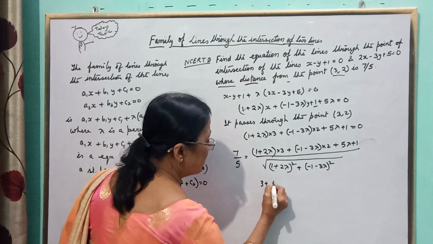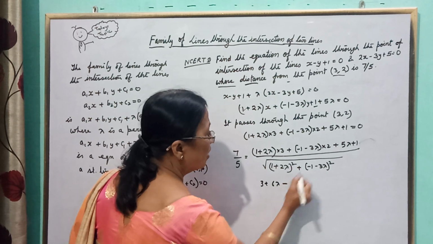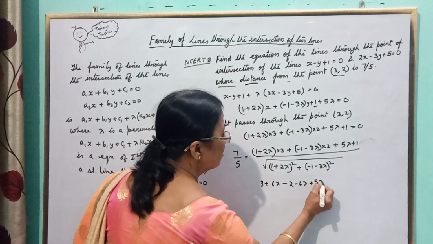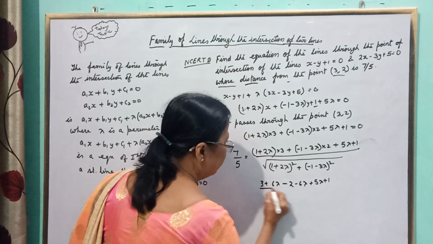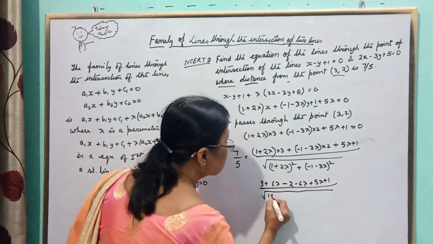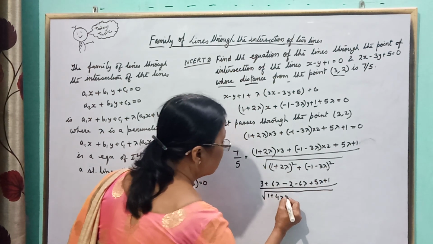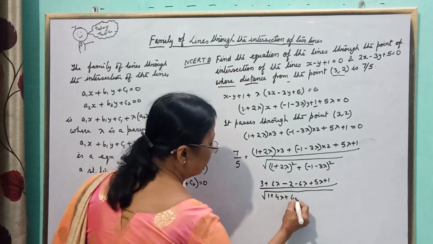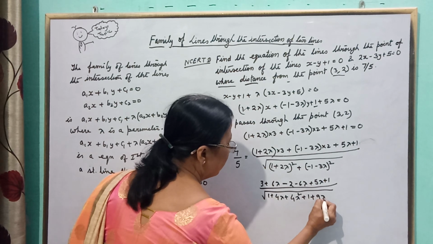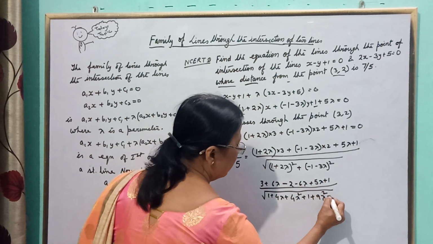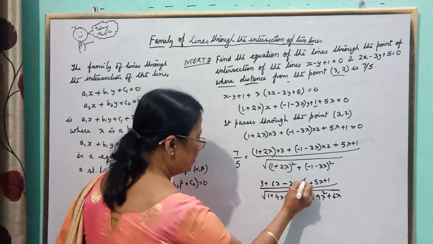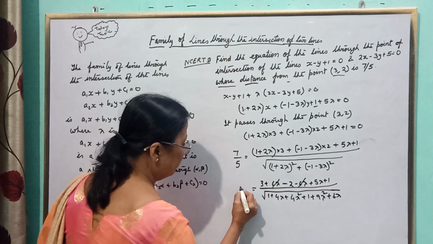Now I can write here 3 plus 6 lambda plus minus 2 minus 6 lambda plus 5 lambda plus 1, and here it is under root 1 plus 4 lambda plus 4 lambda square plus 1 plus 9 lambda square plus 6 lambda. So this and this cancel. This is 7 by 5.